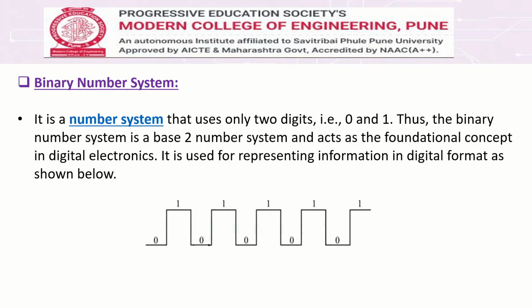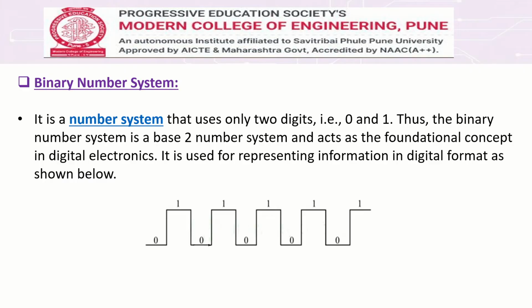Now there are different number systems in logic design, but in this video we'll basically focus on the binary number system. Actually there are four types of number systems. First is the binary number system, whose base is 2.